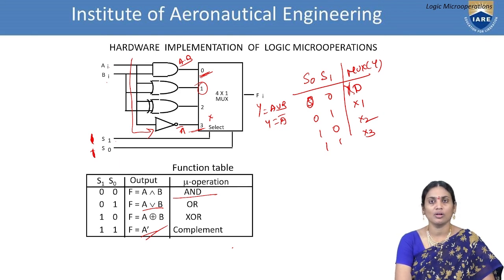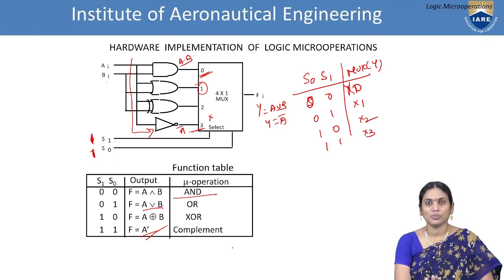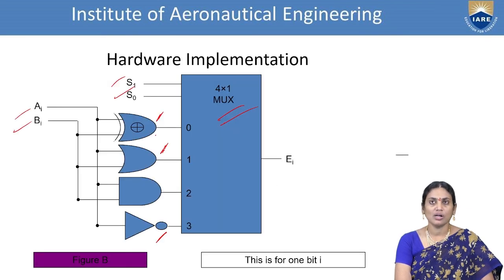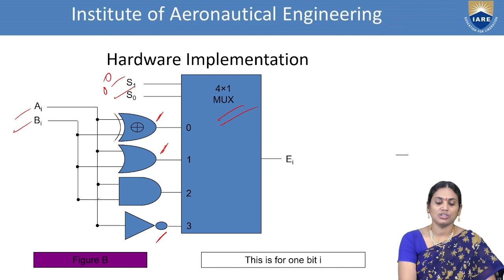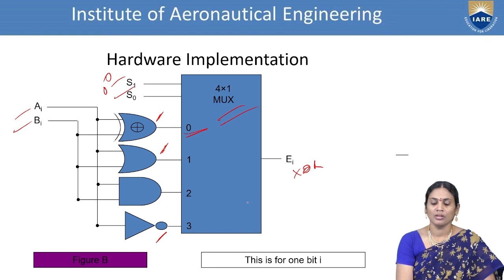It depends on the design, but my intention is to perform the logic micro operation. If I have selection pins 0 0, the first pin will be selected. This will give me the XOR operation. If it is 1 and 1, the last pin will be selected. This will give me A bar.